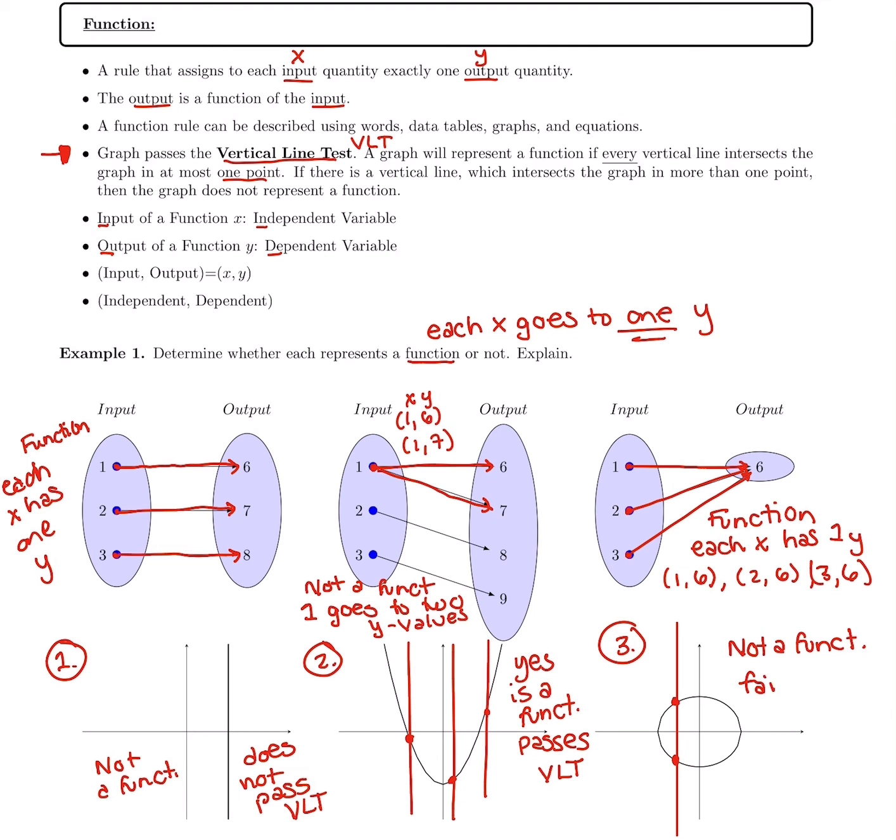It fails the vertical line test by touching the graph twice. It only passes as long as it touches the graph once. So we have a couple of examples of things that do not pass the vertical line test, and this nice parabola, graph number 2, is a function because it only touches the graph one time.